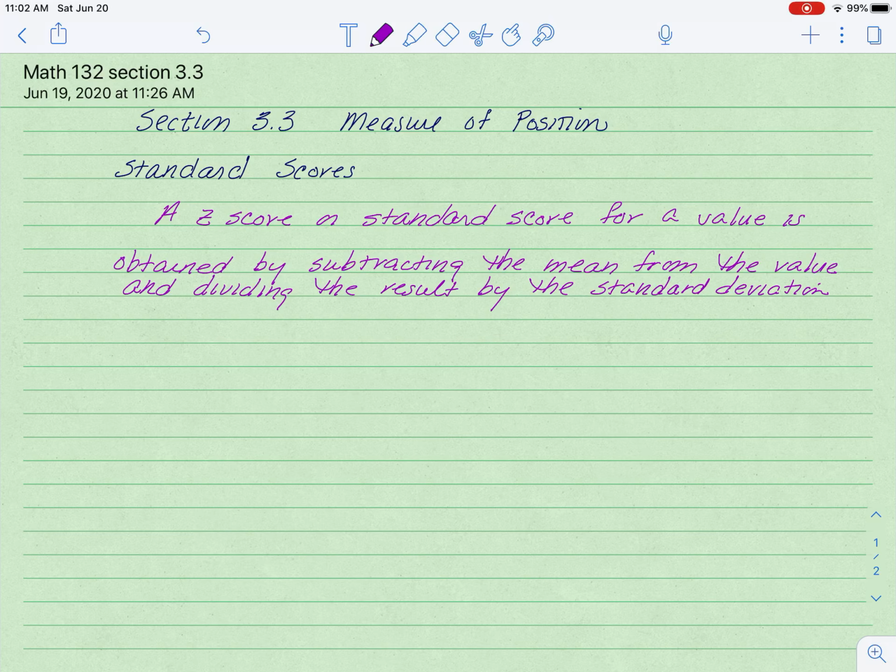A lot of words, but this is what it really means. A z-score, or standard score, written with the variable z, is equal to the value that you have minus the mean, divided by the standard deviation.